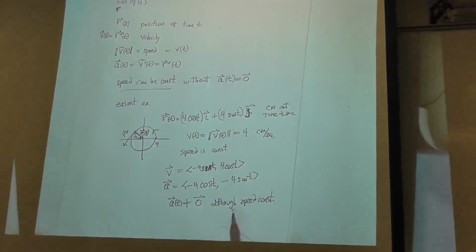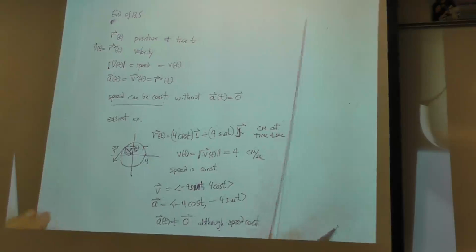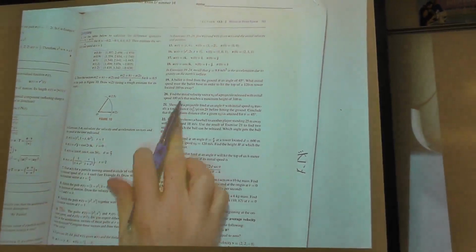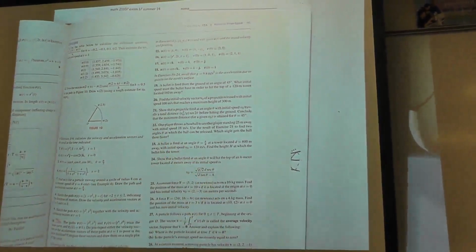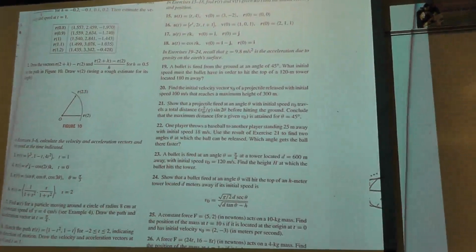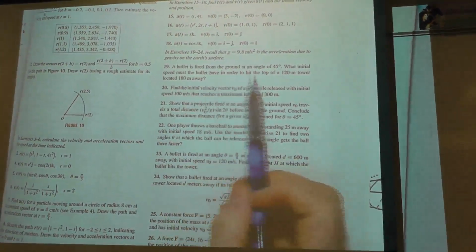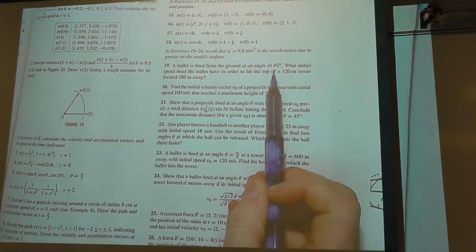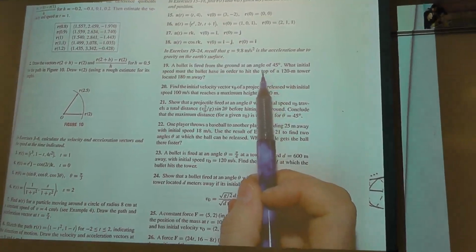Okay? Now, what you get at the very end of this section that I hate to skip over, but you will get problems that look like this. So a bullet's fired from the ground at a certain angle.